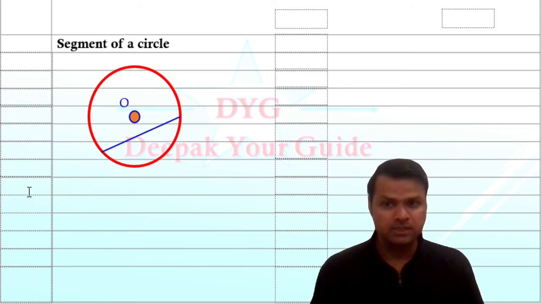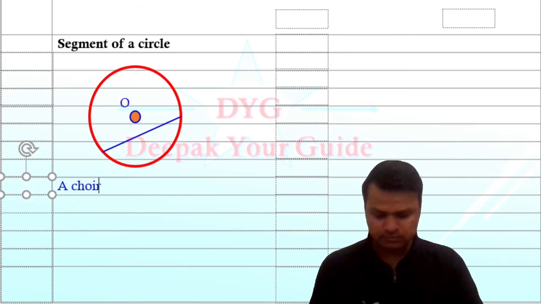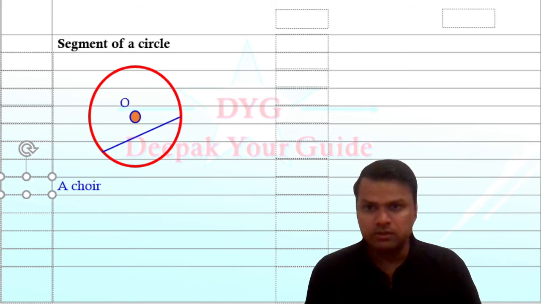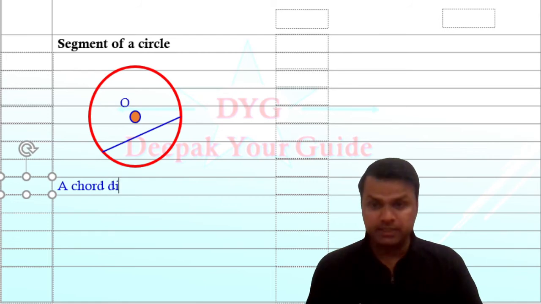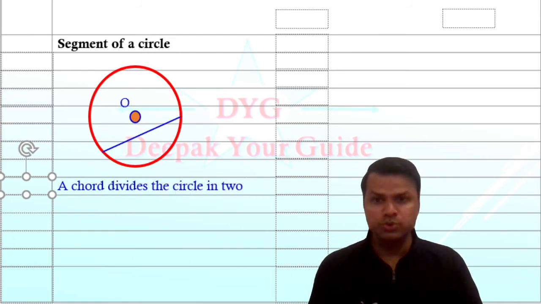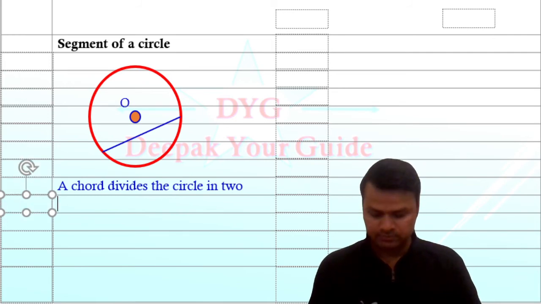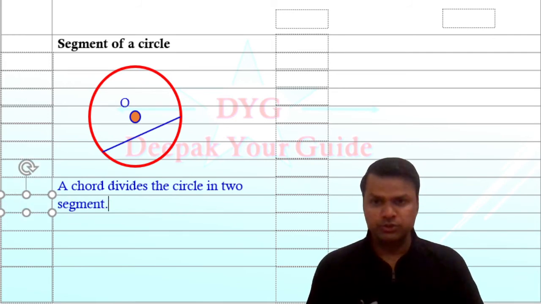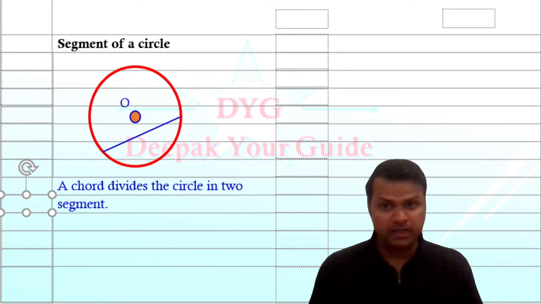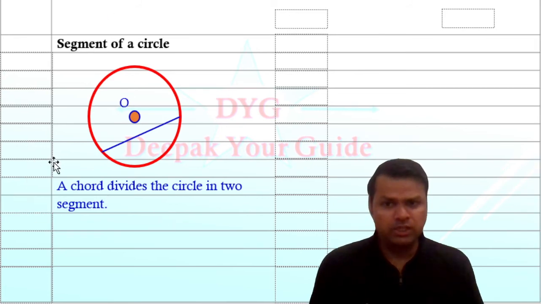So a chord divides the circle into two segments. That means the parts that we get once we draw the chord are called the segments. Now see, what are these two segments?